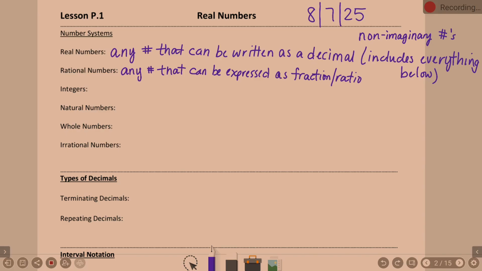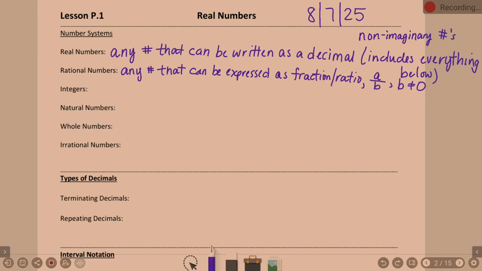I do have in my notes, basically it's anything that can be written of the form A over B, as long as B is not, what can B not be in that denominator? 0. Yep. Okay. And rational numbers, they are a real number.